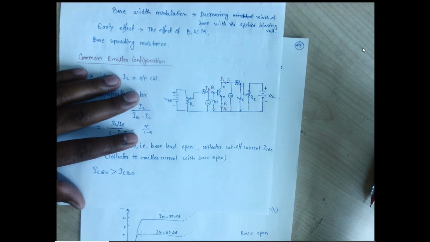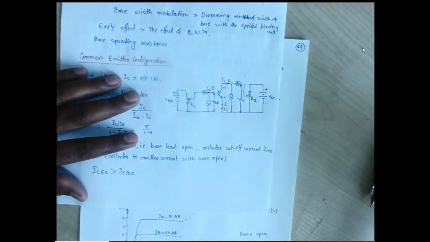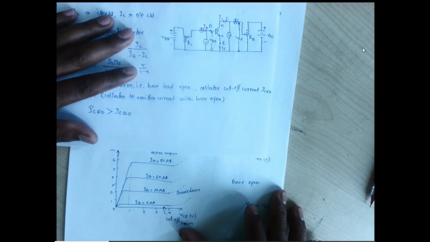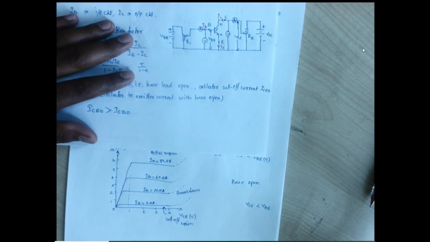For a value of VCE quite lesser than the applied VB on the input side, forward bias is applied in the collector base junction, and VB is already making the emitter base junction forward biased.